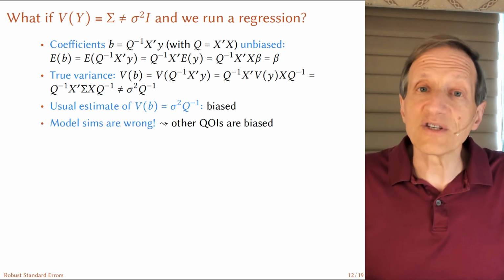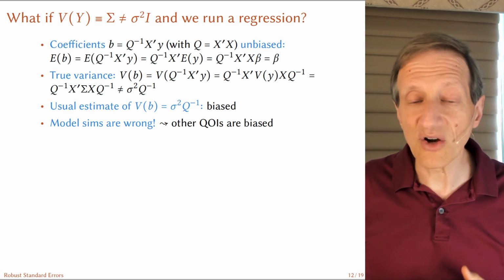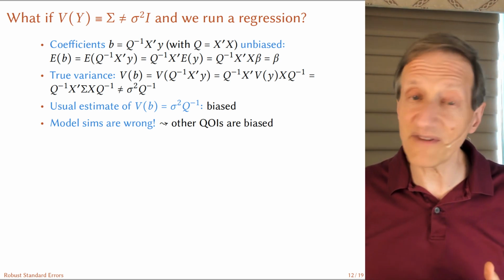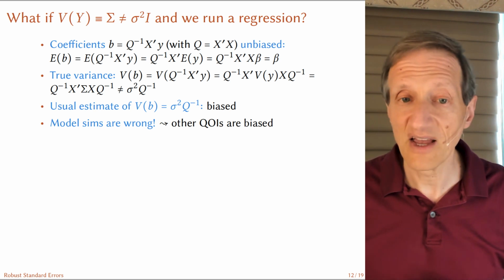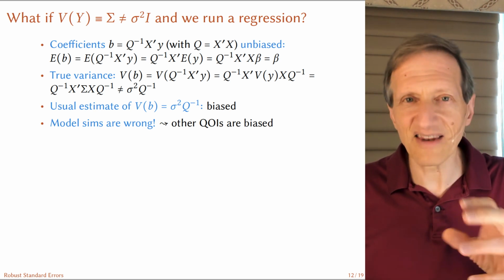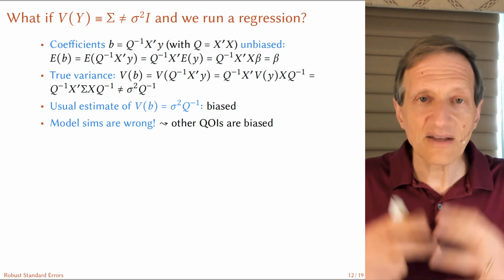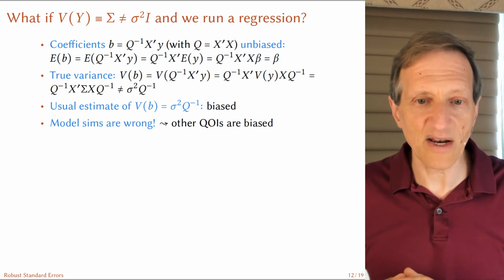So what's the consequence of this? Well, all the simulations from the model are wrong. So most of the quantities of interest we would calculate are biased. We would not want to use this. That means, just to say it again, that the variance part of the model is essential to most of the quantities of interest.